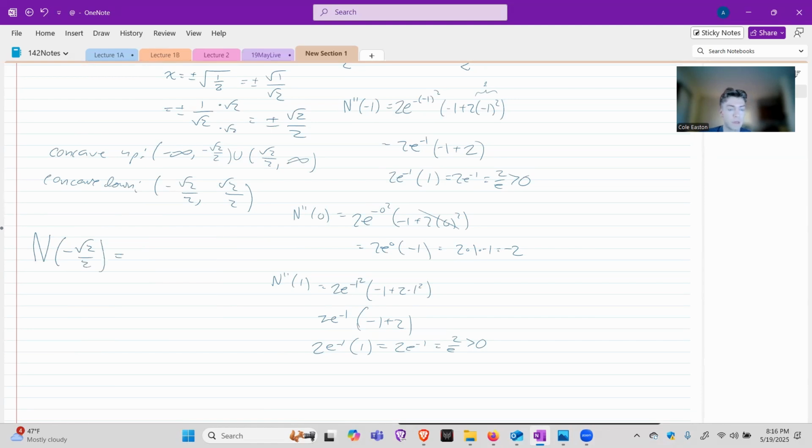And that is going to be e to the -√2 over 2 squared. So that's e to the negative, and then -√2 over 2 squared is 2 over 4. And that negative outside stays. So that's e to the -1/2, which is 1 over e to the 1/2, which is 1 over √e.